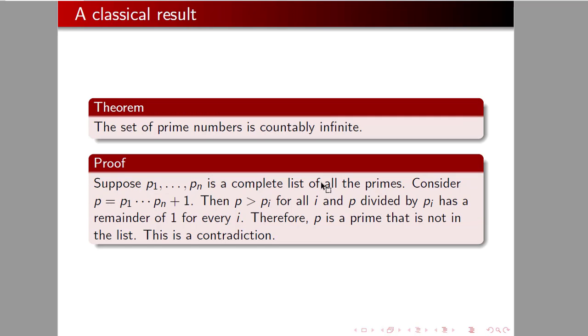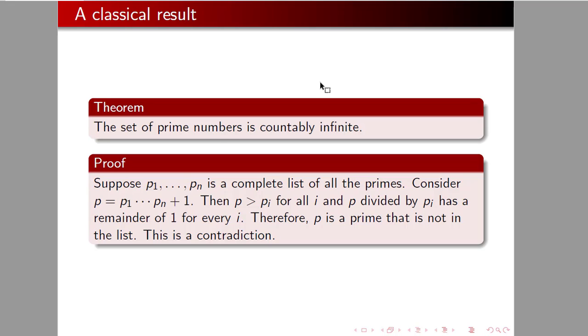Okay, so a classic result here: the set of prime numbers is infinite. They didn't use this language, but we can dress it up in today's nomenclature. Suppose that p1 through pn is a complete list of all the primes, so that we have a function from the numbers 1 through n onto the prime numbers.